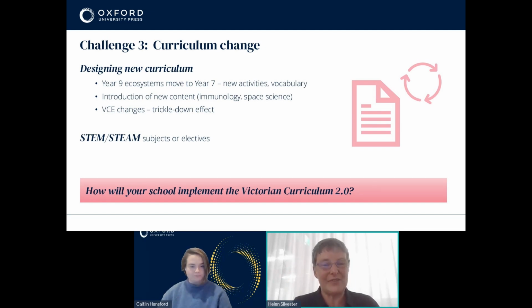And thankfully, I've already done some of that thinking for you, but you will always need to think about the perspectives that you want to use. And also think about the changes that are happening at the VCE level, of how that will trickle down, that what sort of skills do you want students to have that are relevant to real life, but are also going to be important if they go on to further science.